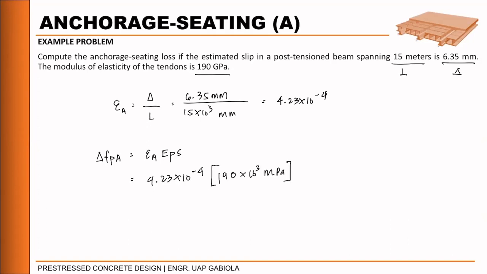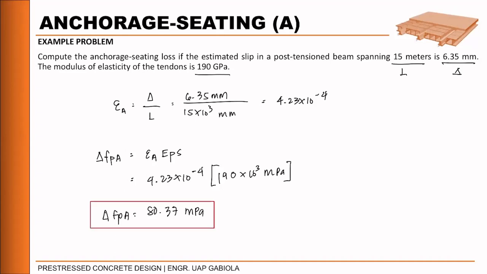Okay. So, yung ating pre-stressing loss due to anchorage slip will be 4.23 times 10 to the negative 4 times 190 times 10 to the 3. Okay. So, we have 80.37 MPa. So, ito yung mababawas na value dun sa ating anchorage.